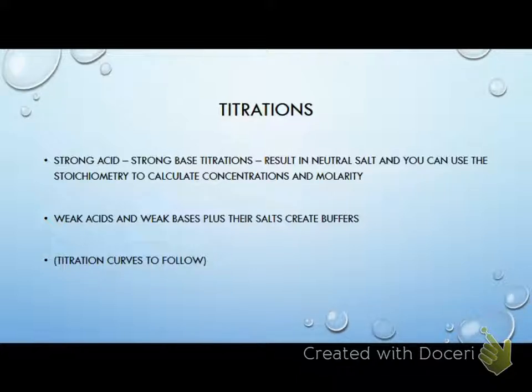And when you look at that titration curve, it's going to be a real sharp S. You know, it's like all of a sudden it shoots up. But what we're really going to be worried more about in this unit is weak acids and strong bases, weak strong, some sort of weak strong or weak weak. Okay, because the strong are the easy ones. You just use your stoichiometry to do that.